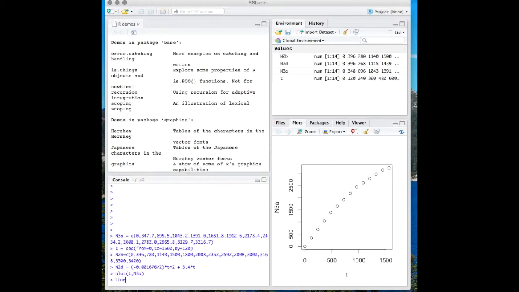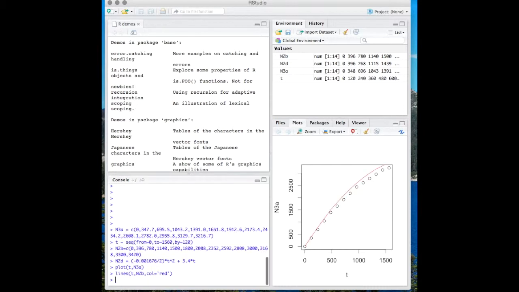So I'm going to use lines to add t, the 2B data points. And this last just tells me I can define a color here. So I'm going to put in red. So the data from 2B is now red. Okay, and we get this nice smooth curve.